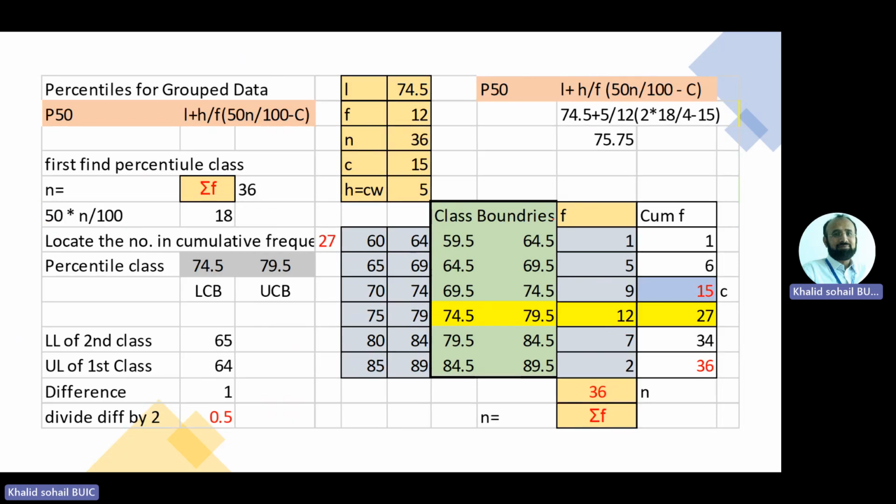For example, we are interested to calculate the 50th percentile. So we will apply 50 multiplied by n divided by 100 for the percentile class. And again, we will look in the cumulative frequency that it falls in 27. And again, the rest of the procedure is the same.